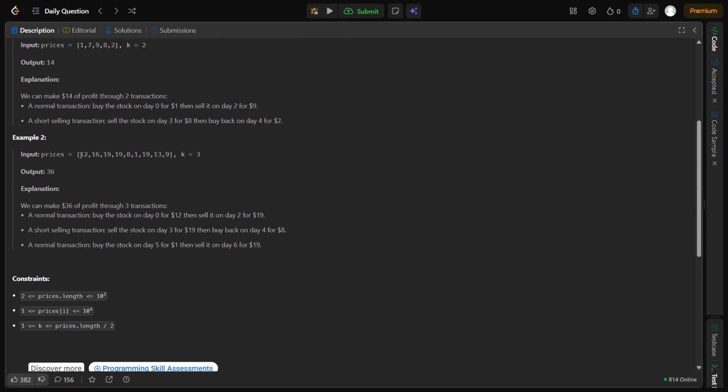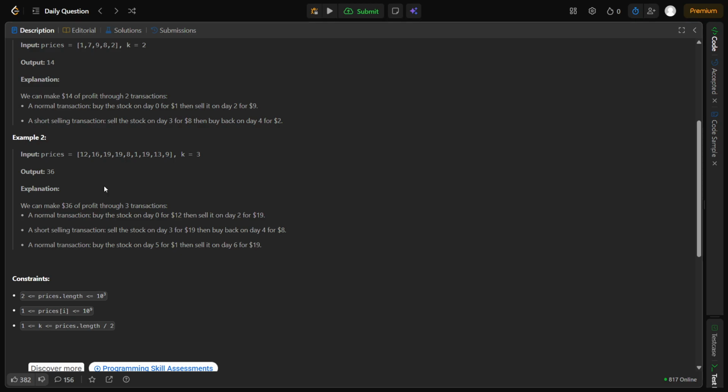Similarly here, it is also given that we can make at most three transactions. So we made one transaction on the first day and sold it on day two, which gave us a profit of 7. So this is the optimal answer. The maximum profit we can make out of it is $36.